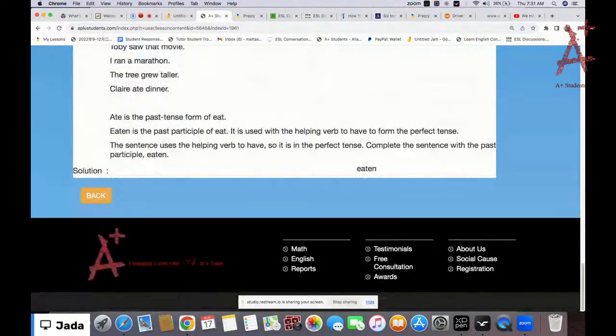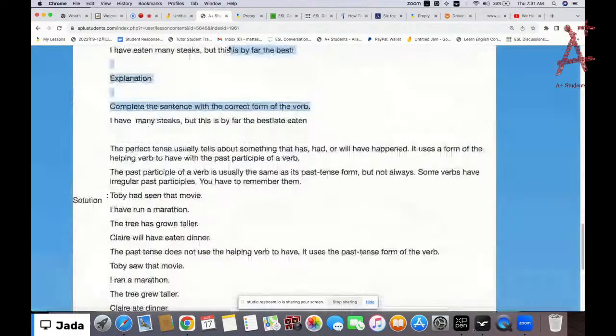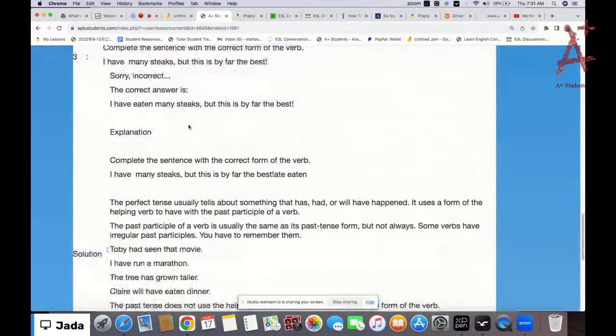So ate is the past tense form of eat, but eaten is the past participle of eat. It is used with the helping verb to have. I have eaten many steaks, but this is by far the best.